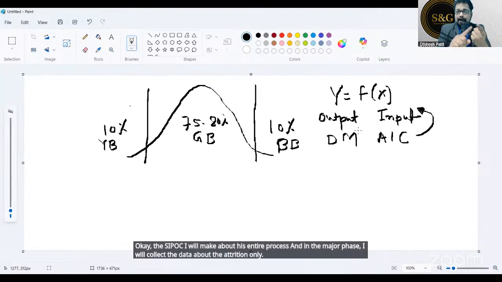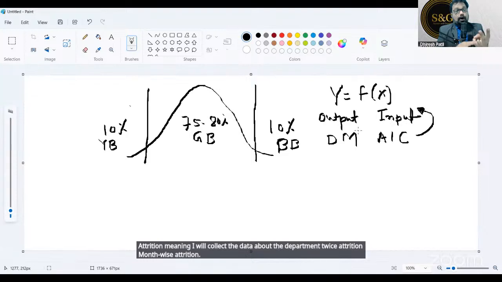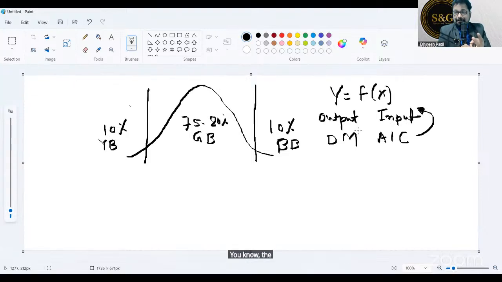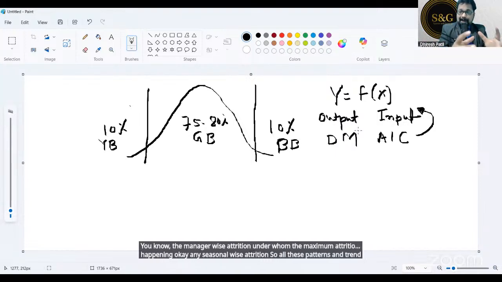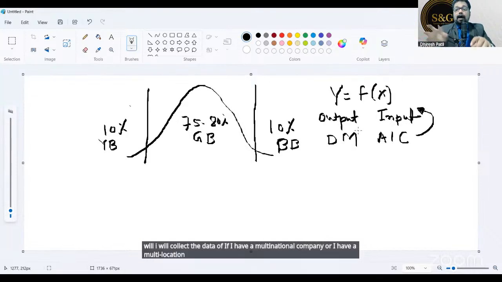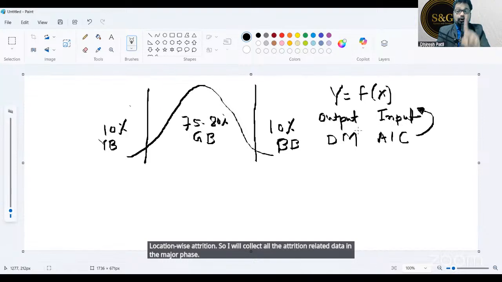That means department-wise attrition, month-wise attrition, the manager-wise attrition, under whom the maximum attrition is happening. Any seasonal attrition. All these patterns and trends, I will collect the data of. If I have a multinational company or a multi-location facility, location-wise attrition. So I will collect all the attrition-related data in the measure phase, but about output only.